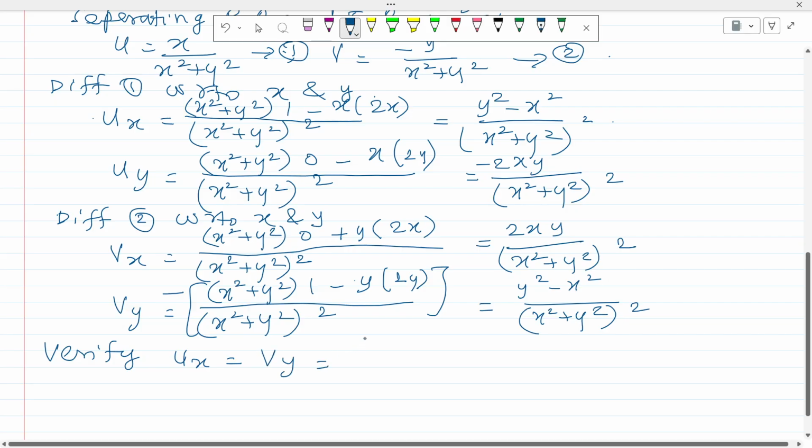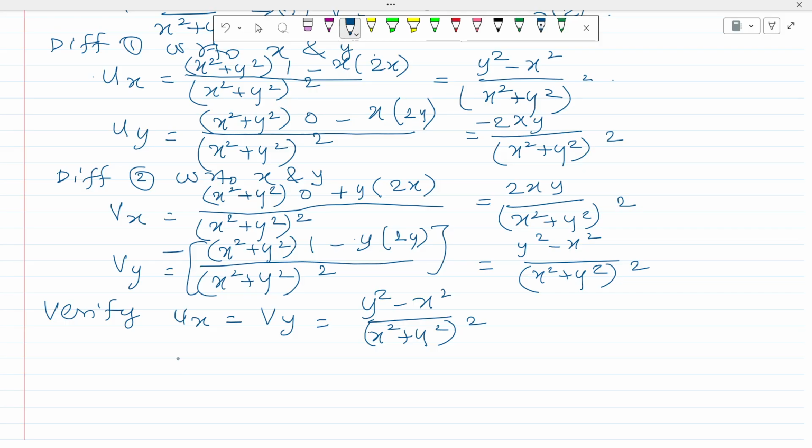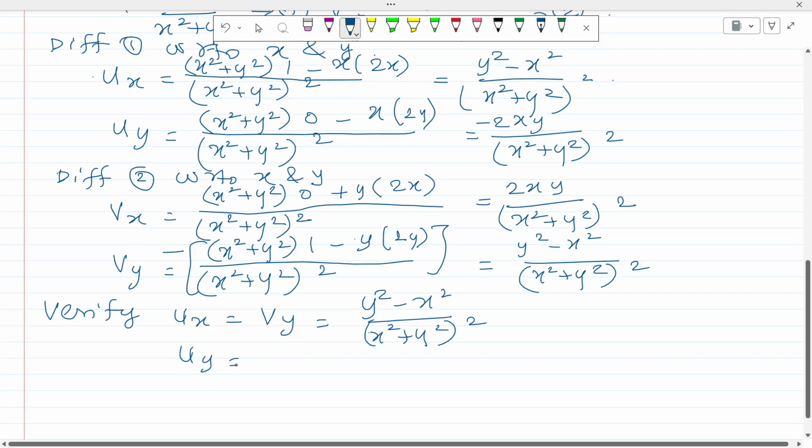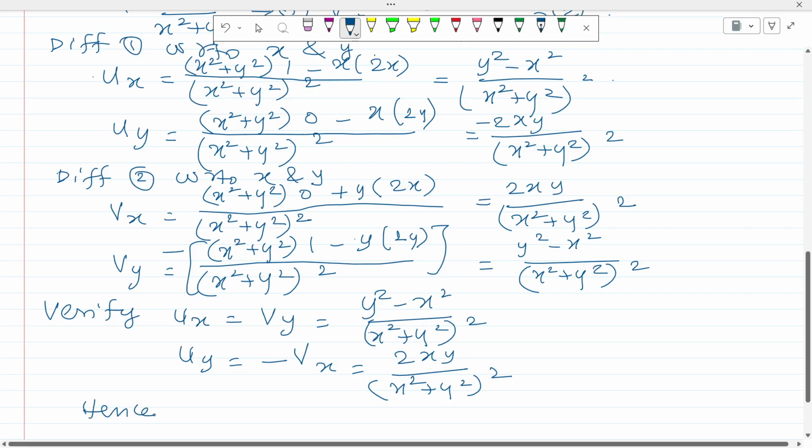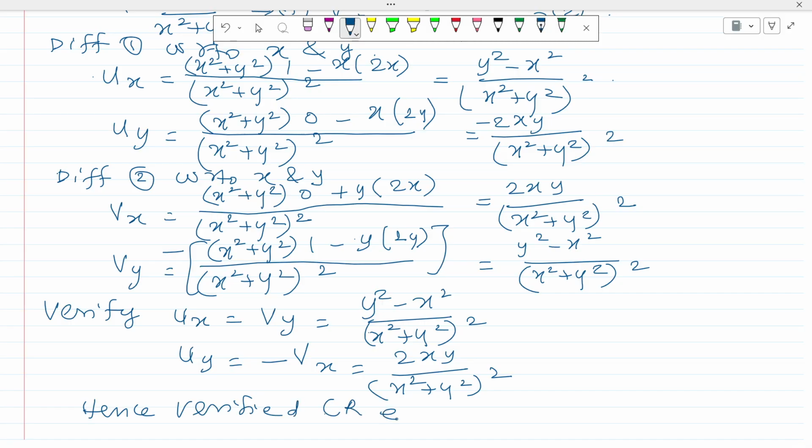Similarly, uy equal to minus vx, that means 2xy divided by x square plus y square whole square. So hence verified the CR equations.